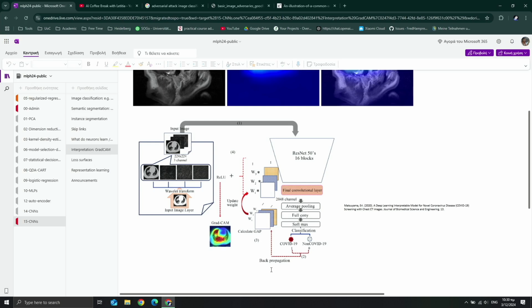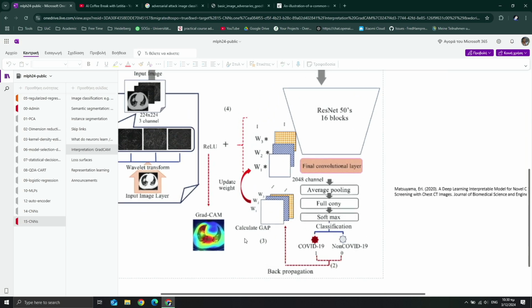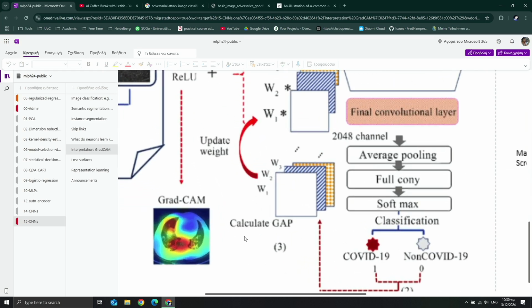Comment? Yes? Okay. What is W1 to W3? So these here are activation maps, or they can also be this type of quantity, which also has the dimensions of an image.